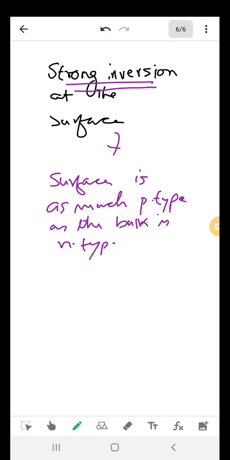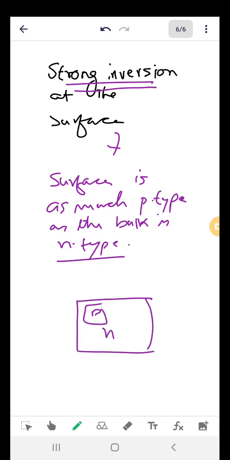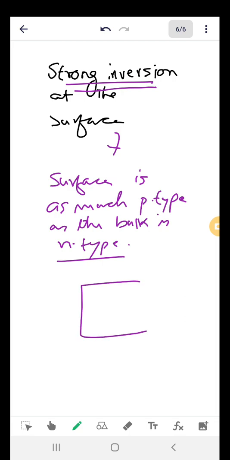Remember, we are dealing with an n-type MOSFET here. So you have an n here, and there is a p, and there is a p. There is an n, there is an n, there is a p.